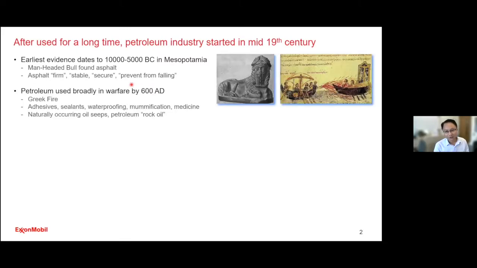Over the long history, many uses have been found for petroleum. For example, adhesive, sealants, waterproofing. One of the most curious is probably medicine. Believe it or not, there are a lot of documents on the medicinal effect. One of the most powerful uses was the Greek fire. For some of you not familiar, you can Google and search it.